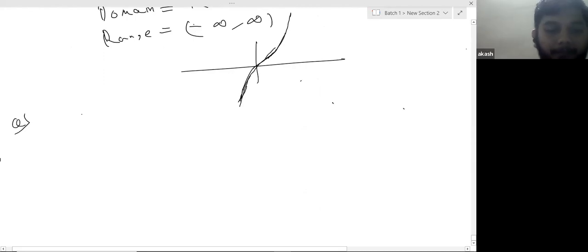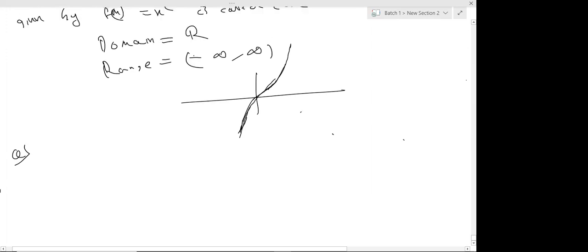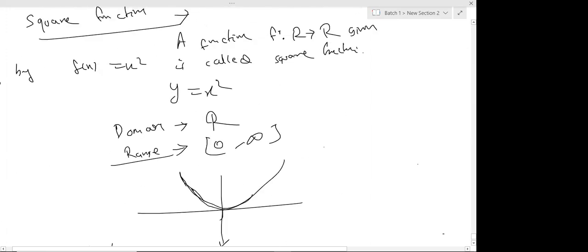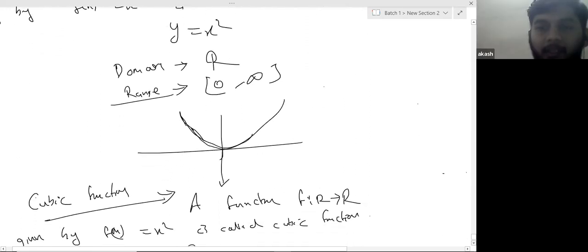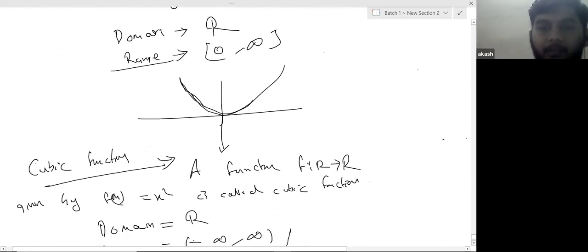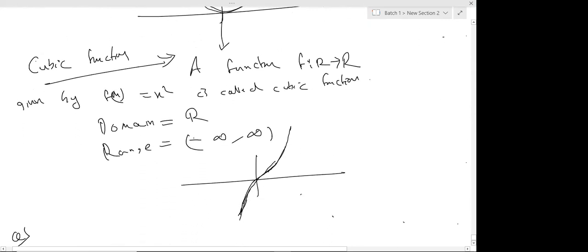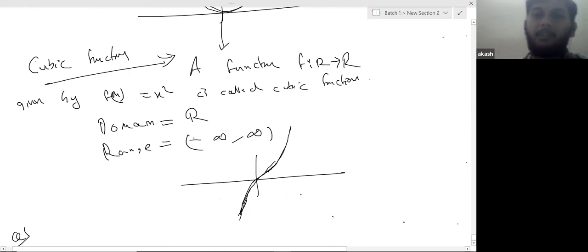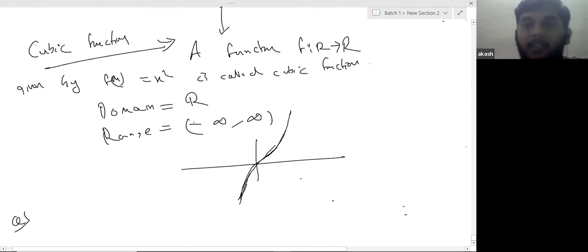Finding the domain and range. Sir, could you scroll up? Yes. You can check all the graphs on the internet, because as you see, I have very bad diagrams. But when you visualize the graphs, it will become very easy.